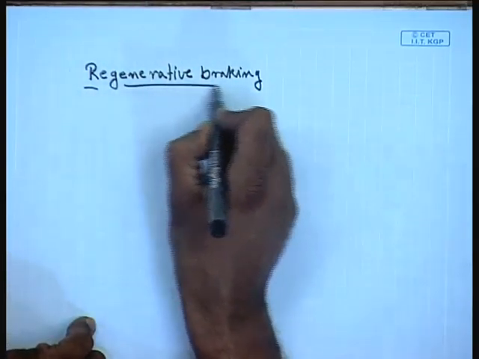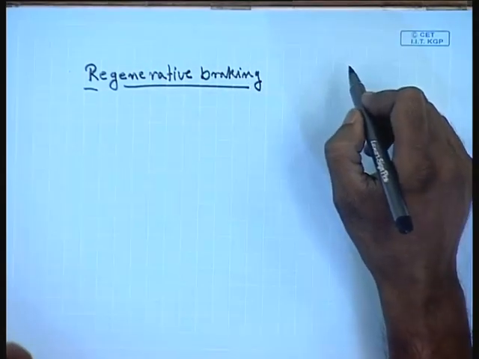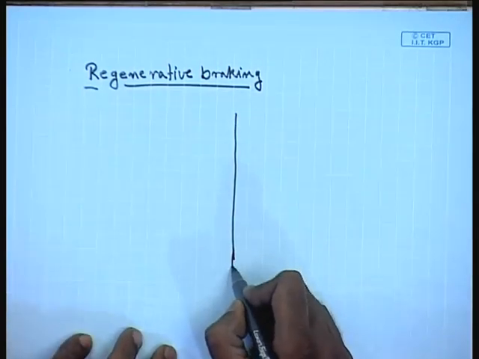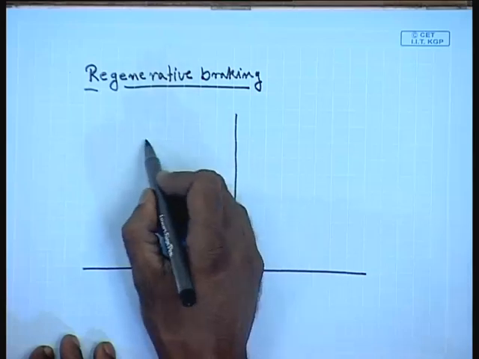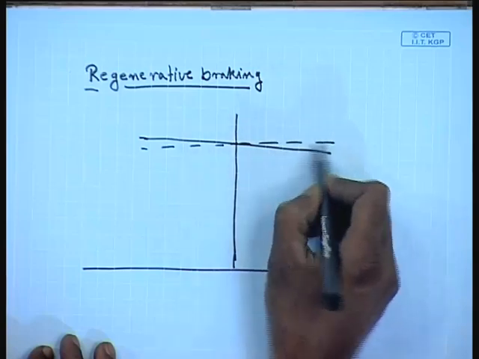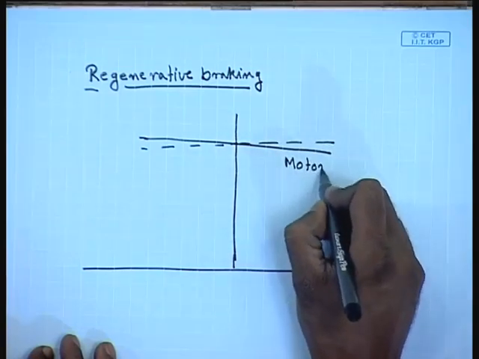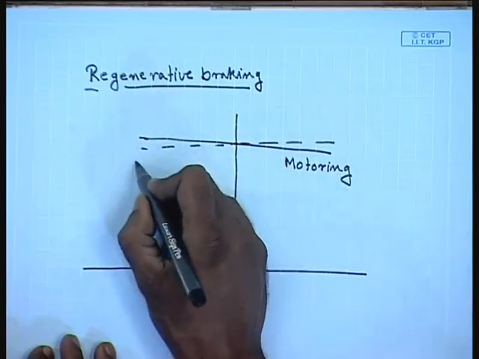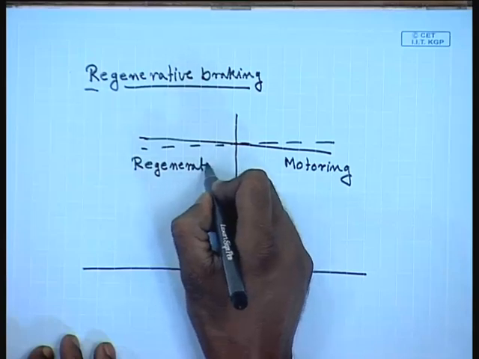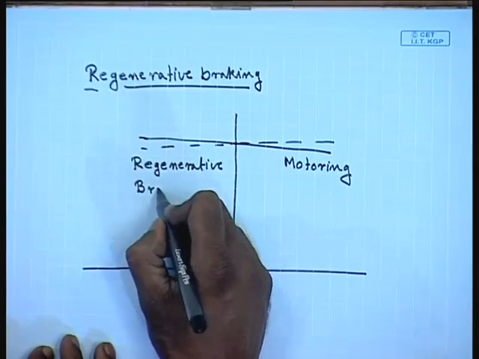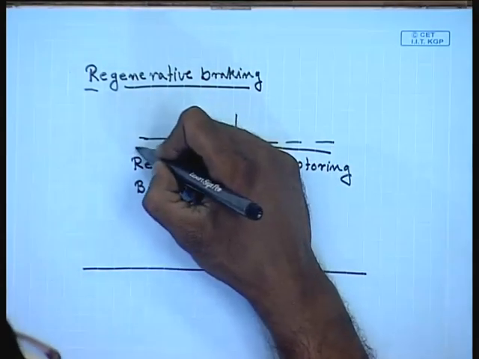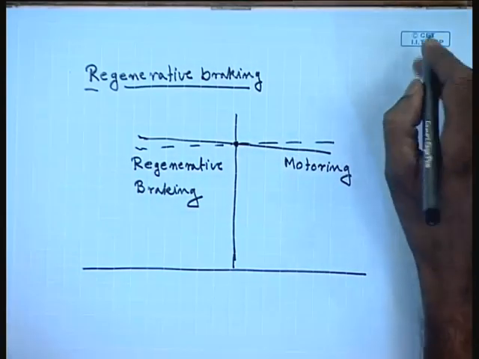Here the load tries to drive the motor at a speed higher than the no load speed, this is motoring, and this is the regenerative braking mode of operation, at a speed higher than the rated no load speed of the machine.